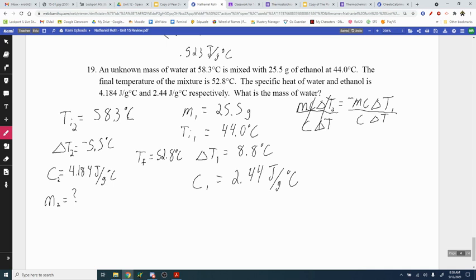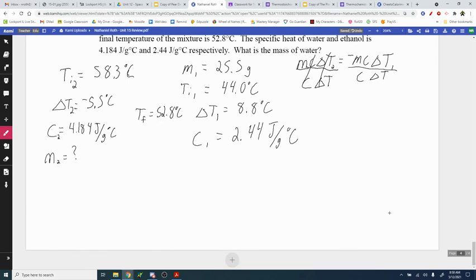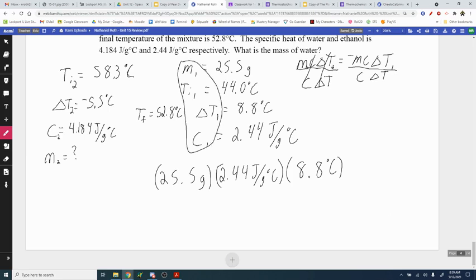So we are now just going to plug in our numbers. That's going to be 25.5 grams times 2.44 joules per gram degrees Celsius times 8.8 degrees Celsius. So that's all the ethanol stuff, and that goes on top.